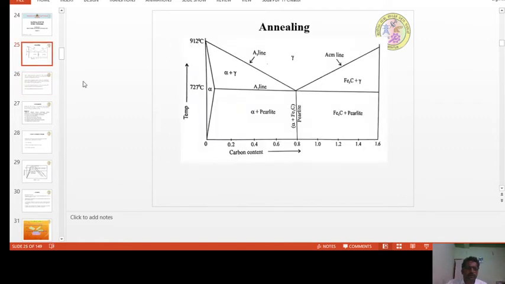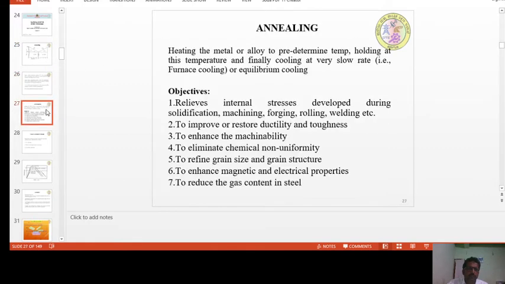So these are the terms involved in heat treatment. Every time we will not specify the particular temperature. We will say it is above the lower critical temperature or above the upper critical temperature.